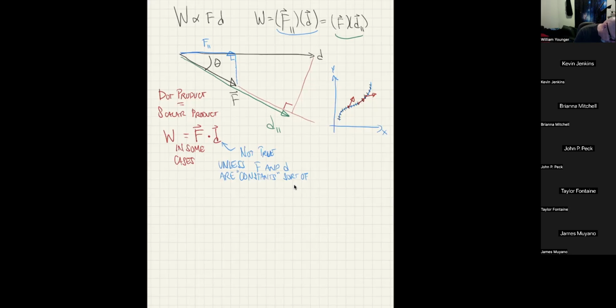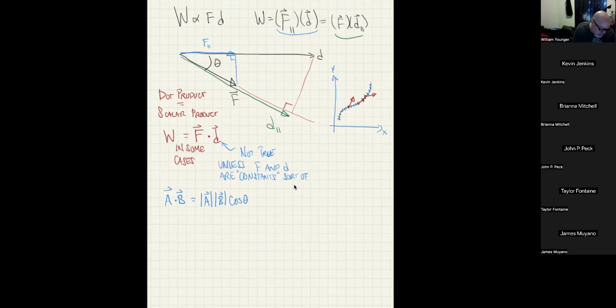So the dot product of two vectors, A and B, it does give a scalar. That's important that you know. It gives a number, not a vector. And one way of calculating it is taking the magnitude of A and multiplying it by the magnitude of B and multiplying that times the cosine of theta.